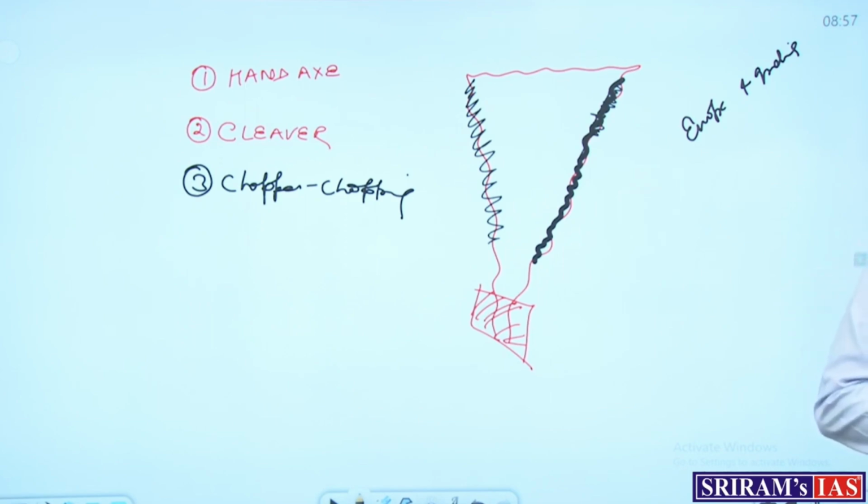But in India, we have found the tools at many places, but we don't find the evidence of humans. No human bones. So this is the limitation of Indian Paleolithic.